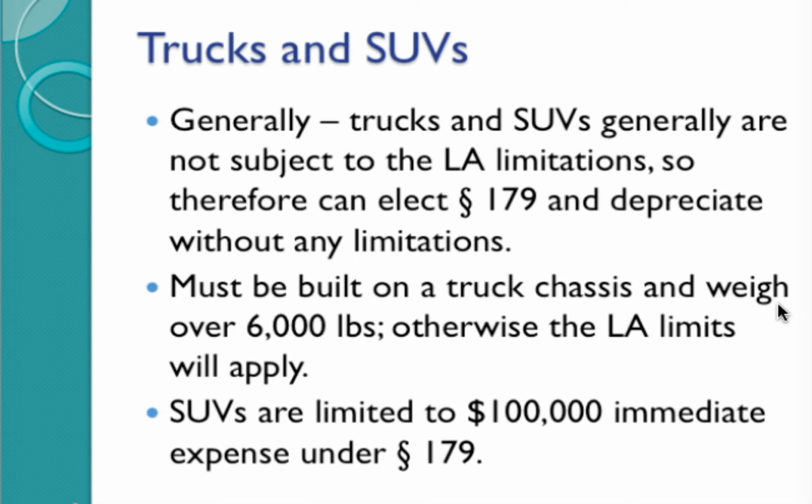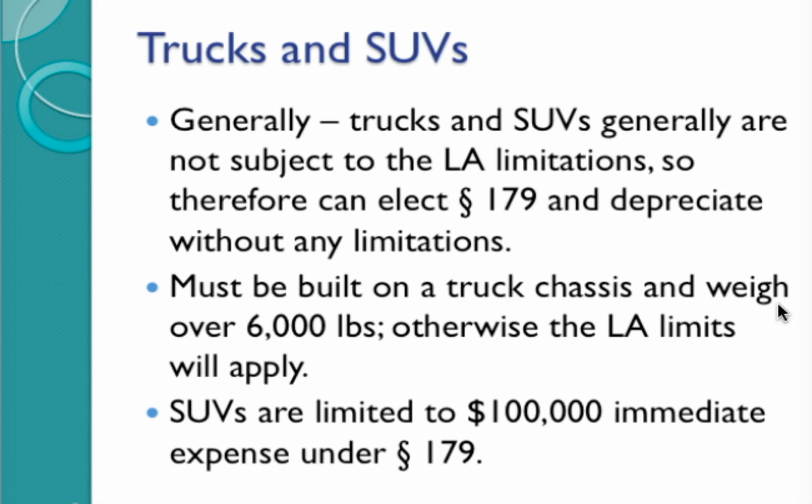In general, trucks and SUVs are not subject to luxury auto limitations, even though cost-wise, they're significantly more expensive usually than their similarly classed automobile counterparts. So since they're generally not limited by these luxury auto limitations, they are generally able to take Section 179 depreciation without limitations.